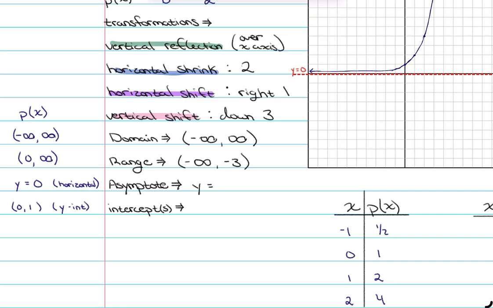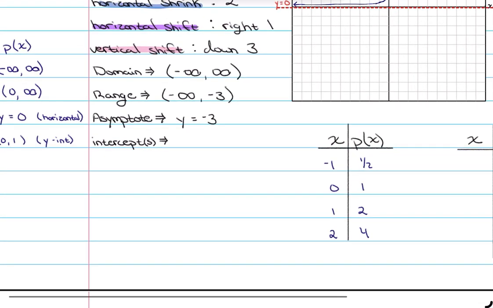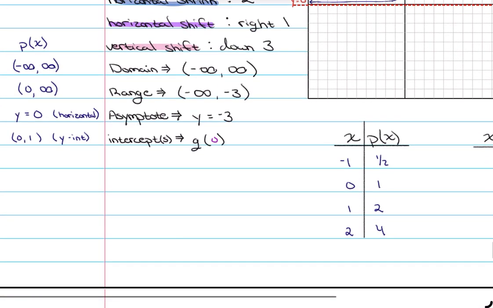And our intercept, we are going to find, the name of this function is g. We are going to find g of 0 to get our y-intercept. Again, there won't be an x-intercept in this case. There can be x-intercepts, just not in this one. So we have -2 to the 2 times 0, minus 1, minus 3.